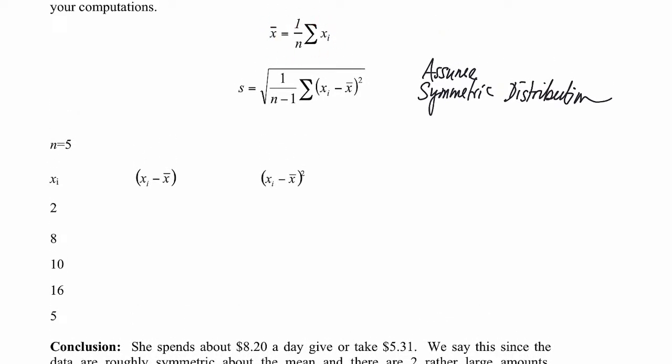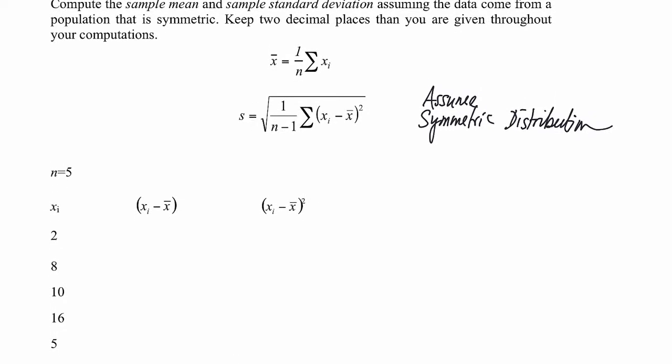This is the formula for the sample mean. The sample mean is a sum, this represents sum, of all the values that are then divided by how many values there are.